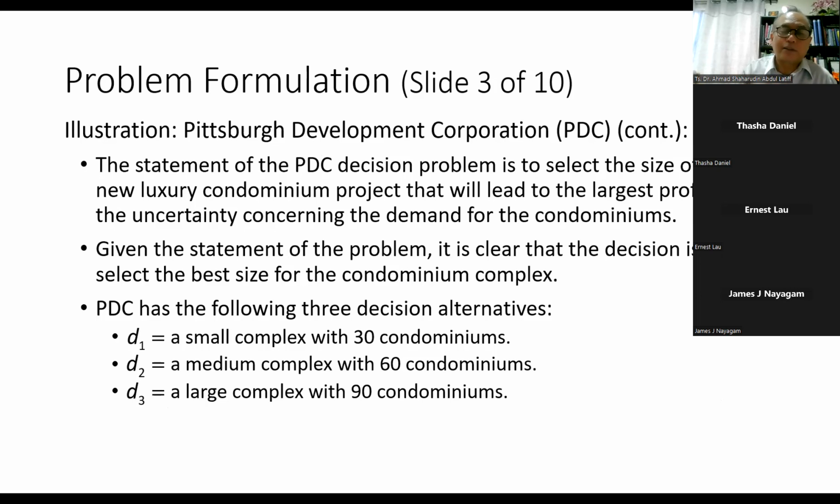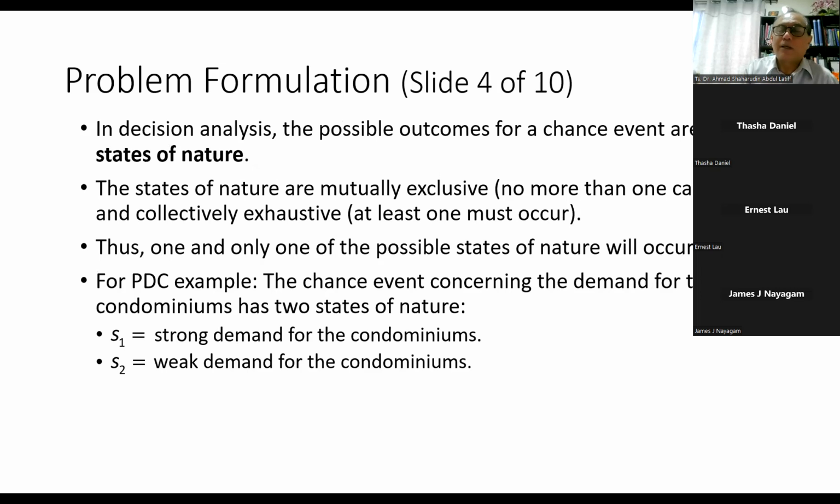Given the statement, it is clear that the decision is to select the best size of the condominium project. Decision 1 is a small complex with 30 condominiums, decision 2 is a medium complex with 60 condominiums, or decision 3 is a large scale complex with 90 condominiums. So in order to make the decision, analysis will be conducted.